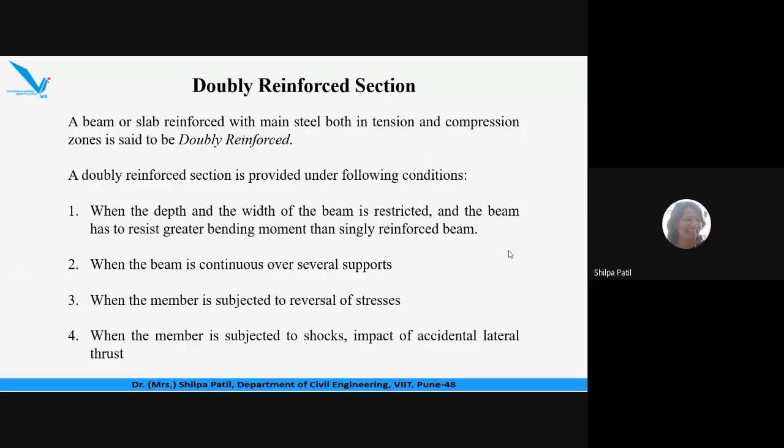In MOS 1 we found bending moments, not only for simply supported, fixed or cantilever beams, but you must have studied continuous beams also, the beam having three supports. Yes, ma'am, Clapeyron's three moment theorem. Correct.